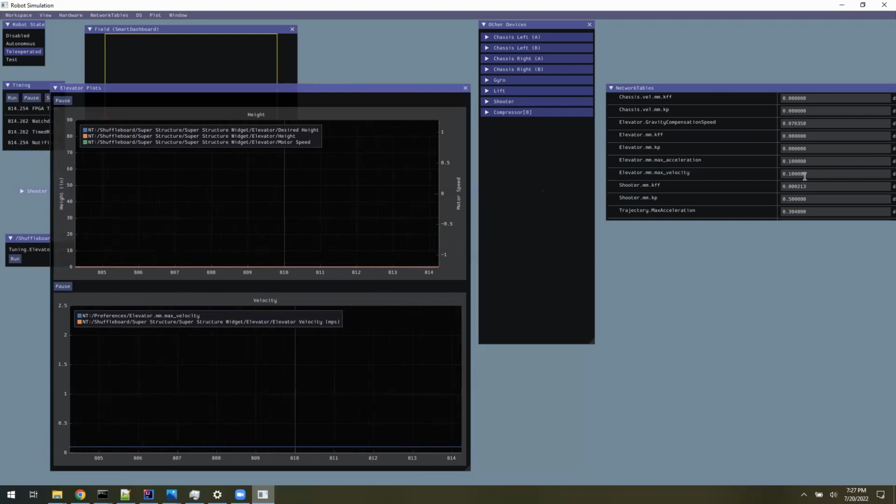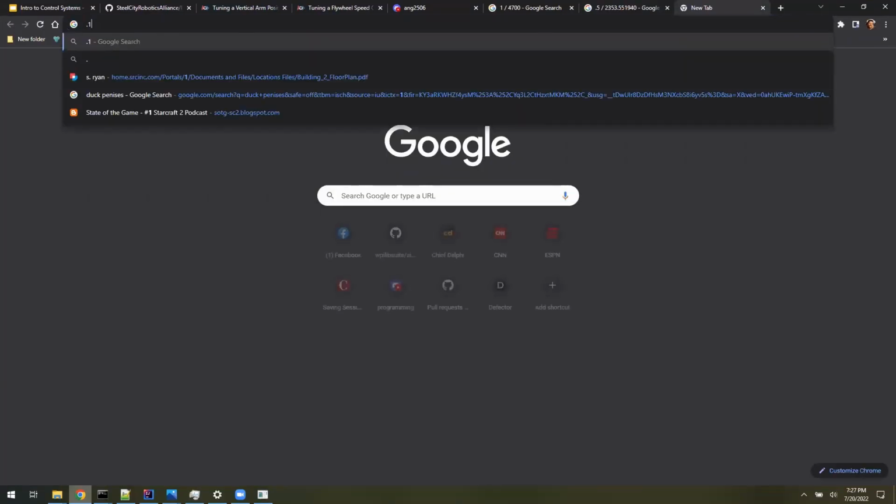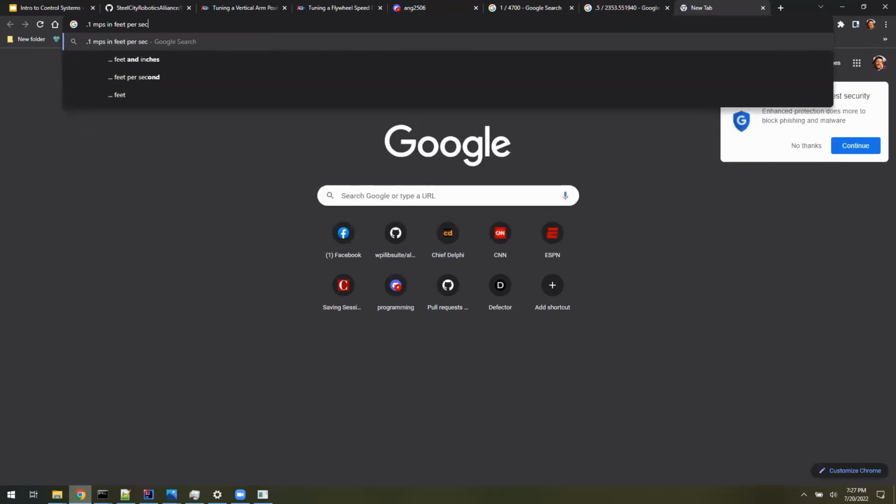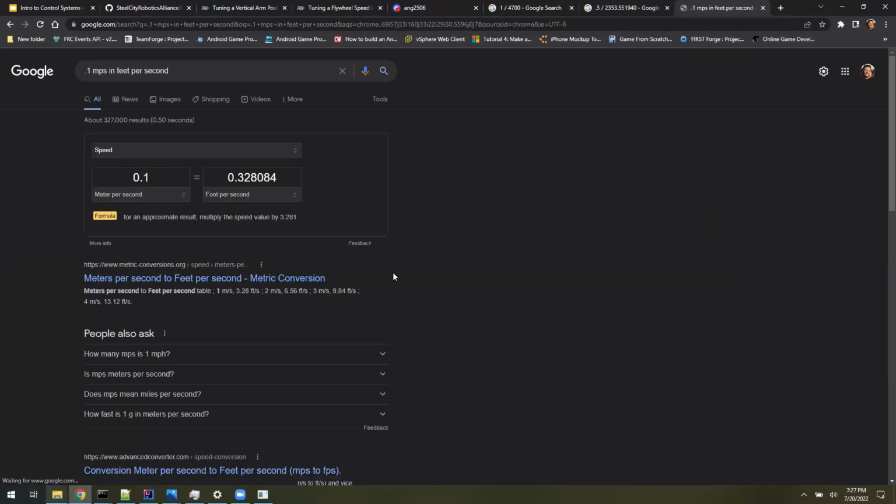So here we're saying we'll go 0.1. Our speed limit is 0.1 meters per second. Which is outrageously small. Let's say 1 foot. Oh wait, no, this is an elevator, not a drivetrain. So maybe that's okay.